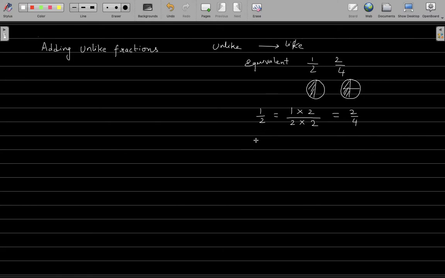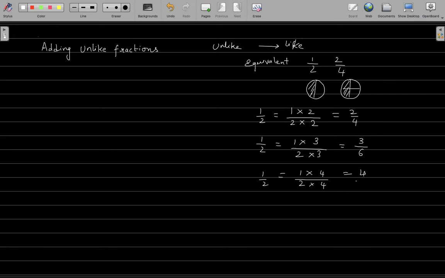Or suppose I take 1 by 2 and multiply both the numerator and denominator by 3 this time. This will give me 3 by 6, which is the same as 1 by 2. Suppose I have the same 1 by 2, I multiply the numerator by 4 and also the denominator by 4.